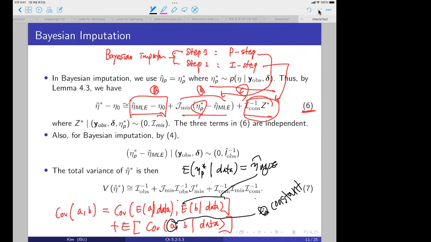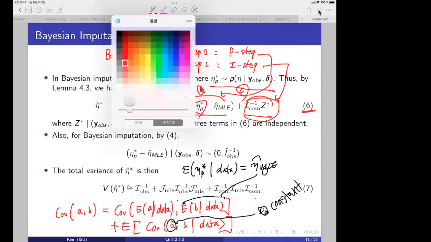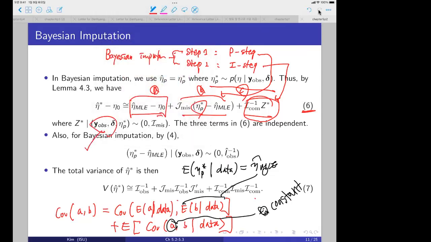Data means the observed data. The same argument can be applied to compute the covariance between B and C.